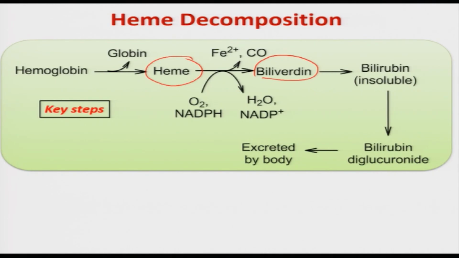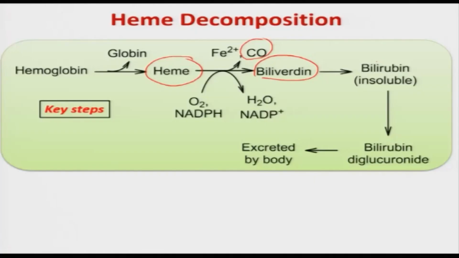During this process, water is formed, and another very interesting gas, carbon monoxide, is also formed. Please note that carbon monoxide, as we all know, is a poisonous gas, but it is also produced in our body.